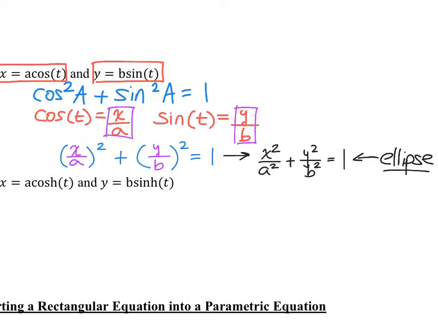I would just ask you, if you had a graphing calculator and the fighting spirit, and I tell you you have a choice, you can graph this equation in rectangular form or this set of equations in parametric form, what do you choose? Every day of the week, twice on Sunday.